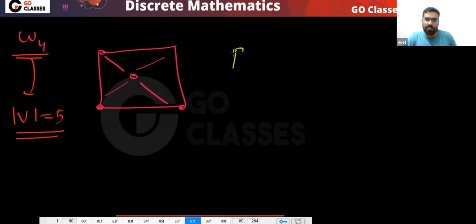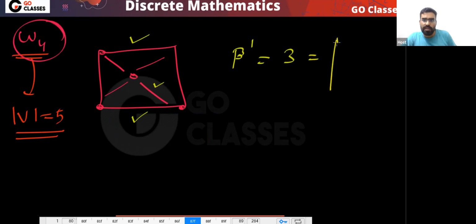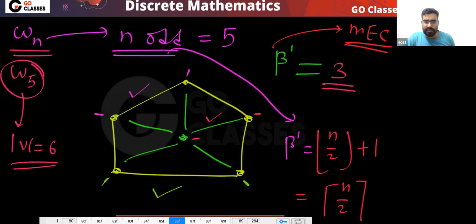For this W4, what will be beta dash? It will cover these vertices, and you need to take one more, so that will be 3. So the answer should be the number of vertices divided by 2, ceil. I think this is correct.